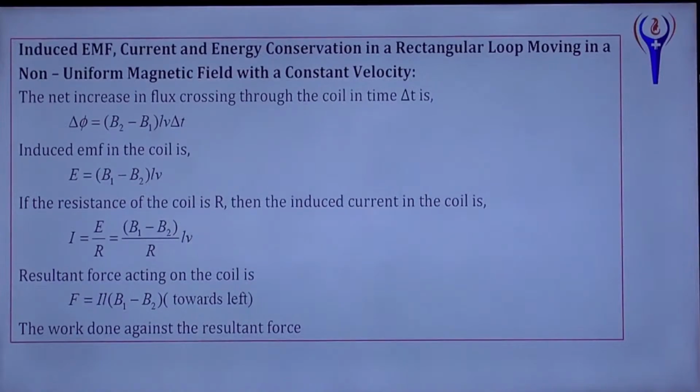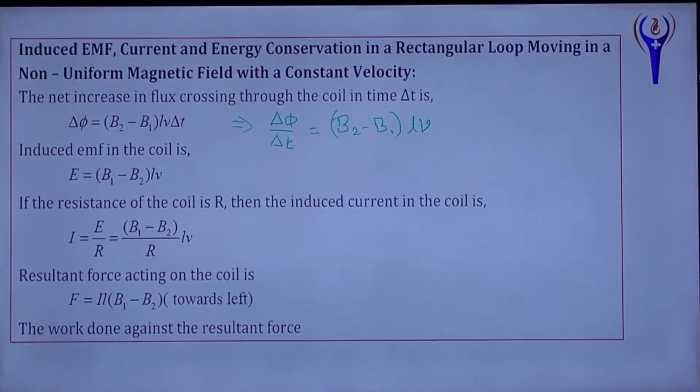And induced EMF in the coil is E equals phi by T, so E equals B1 minus B2 into LV.